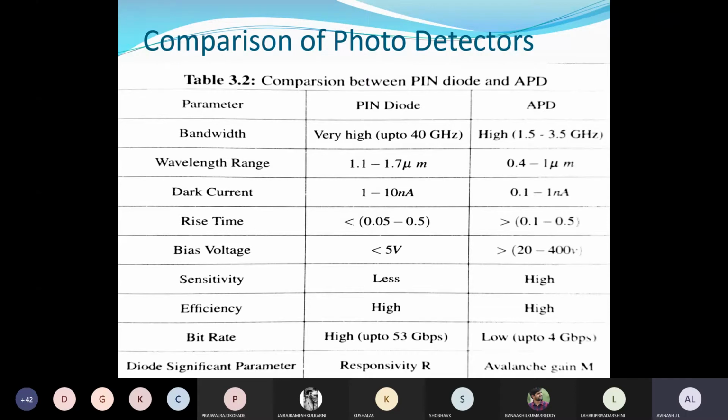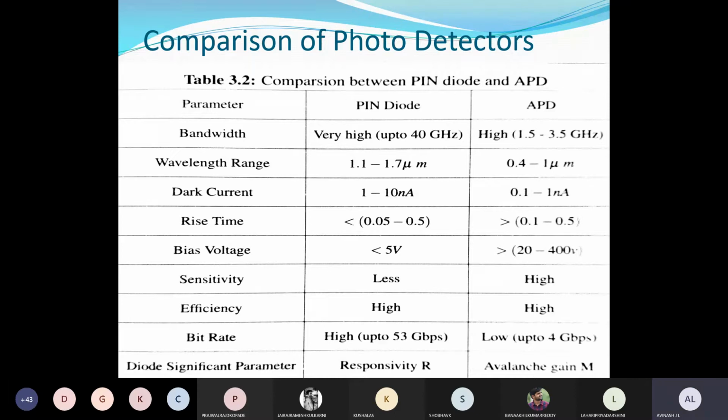That is the bandwidth range they have given. It is low compared to the PIN diode, but still for conversion it is high. When you are not comparing with anything, the value of 1.5 to 3.5 gigahertz is also good.